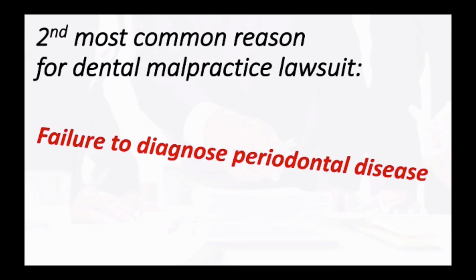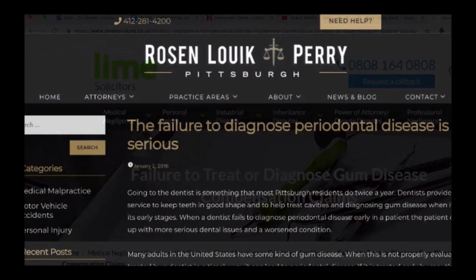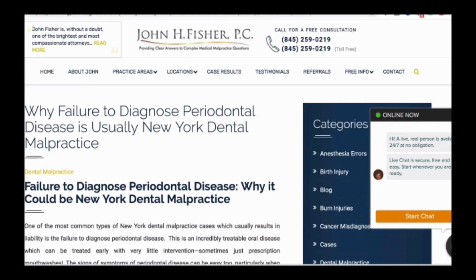Actually, it's the second most common reason for a dental malpractice lawsuit, the failure to diagnose periodontal disease. And if you just look online, you'll see tons of law firms soliciting patients about this topic, looking for patients that were not properly diagnosed and treated.